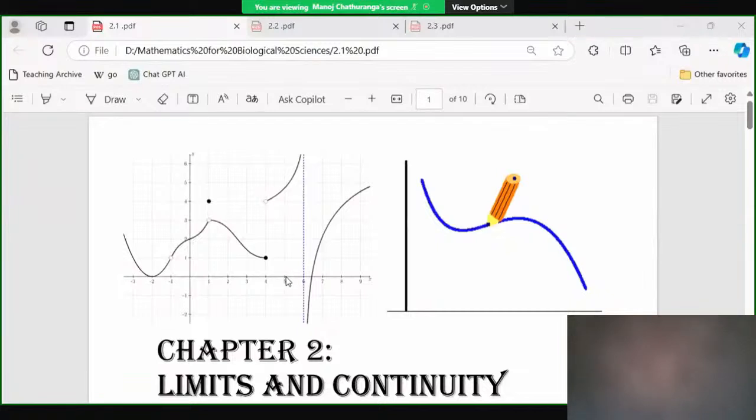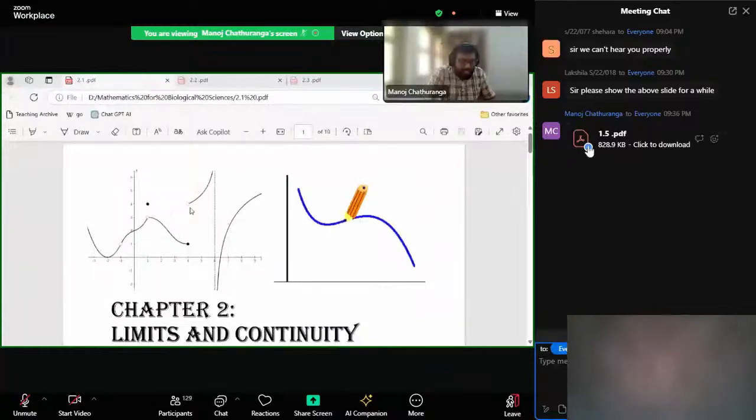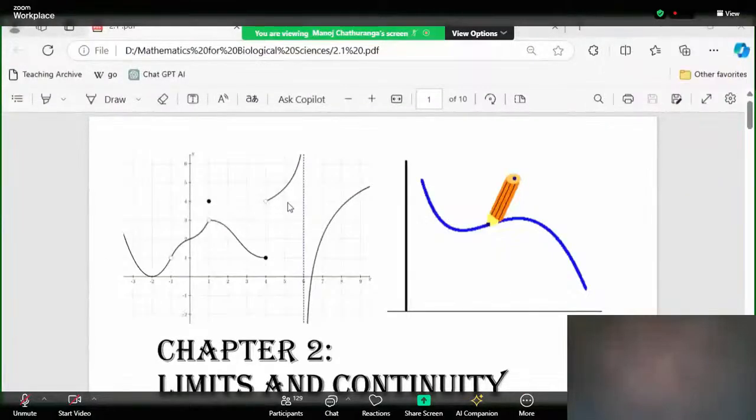Now take some value bigger than 4 and look at the corresponding part of the graph. Now as you approach 4 from the right-hand side, the y values are approaching 4. So the left limit and right limit can be different. If those two are different, there will be a gap. Left limit is 1, right limit is 4. So there is a gap of 3 units.